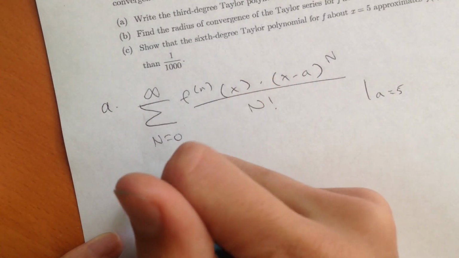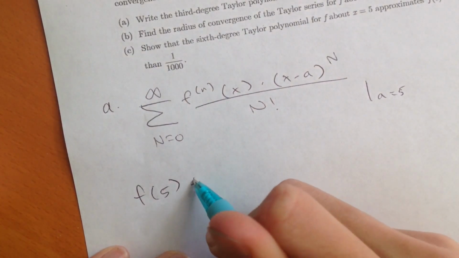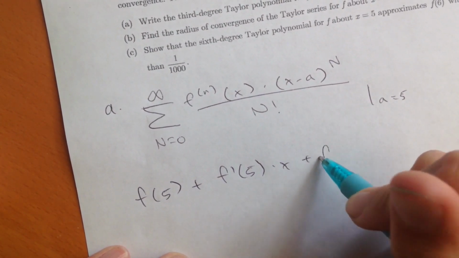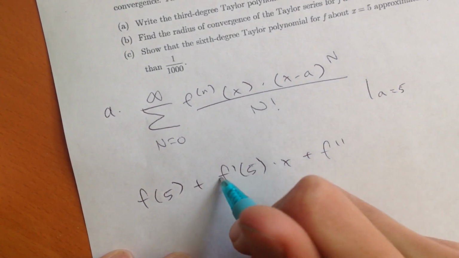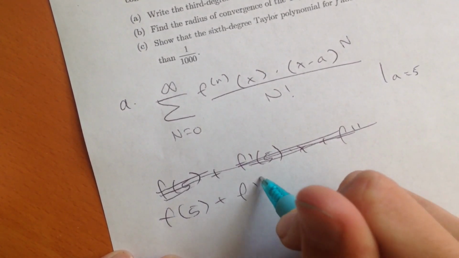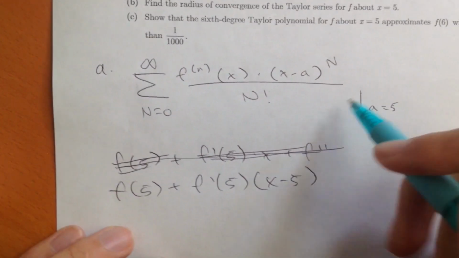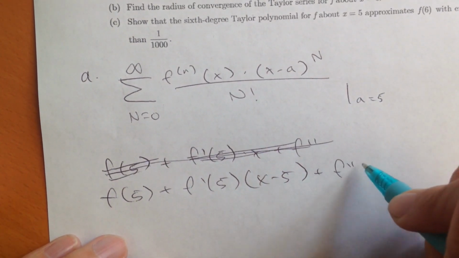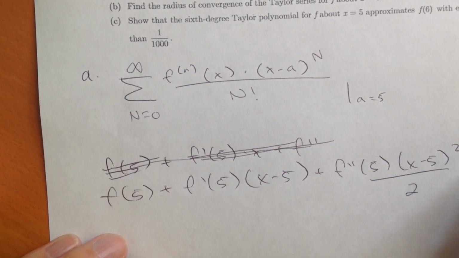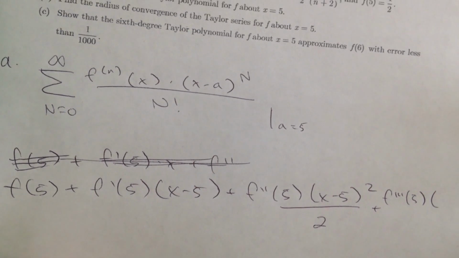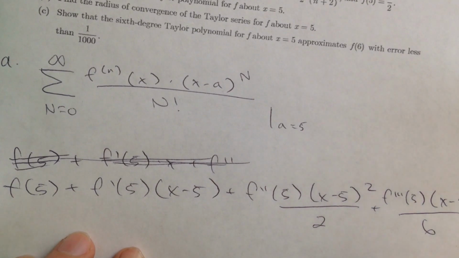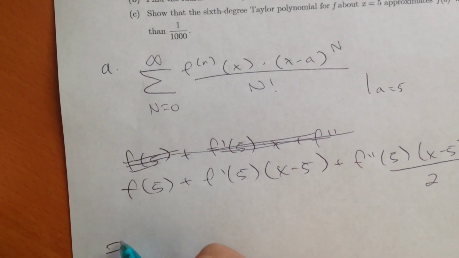So this is going to end up looking like f of 5 plus f prime of 5 times x minus 5, so that's that x minus a term, plus f double prime of 5 times x minus 5 squared all over 2, plus f triple prime of 5 times x minus 5 cubed all over 6. I know you can't see that, but it's pretty straightforward.